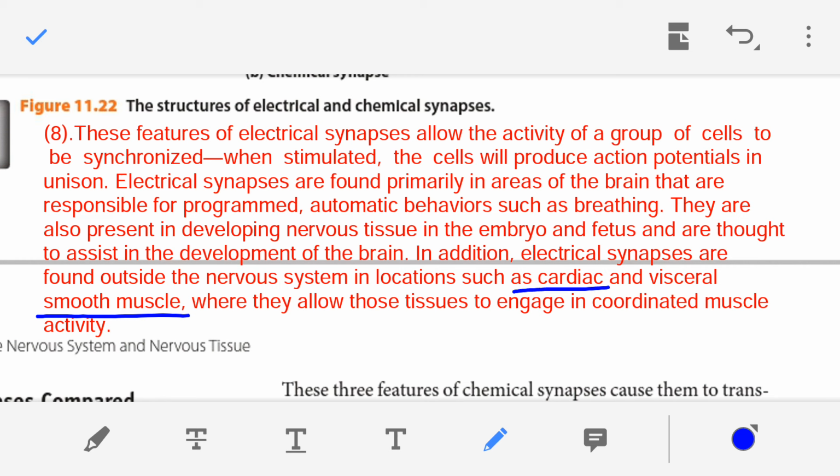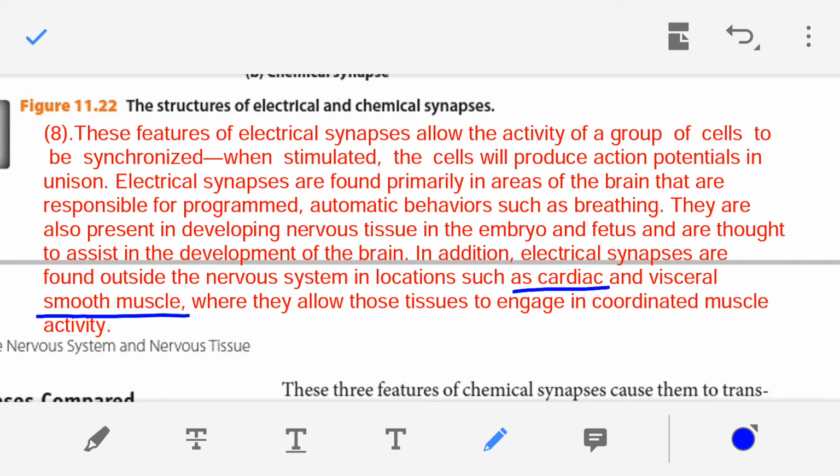And in the visceral smooth muscle, visceral means the bodily organs, so the smooth muscle of body organs, let's say in the wall of the esophagus, then the stomach, small intestine, large intestine, in all these GI tract smooth muscles, the electrical synapses are present.